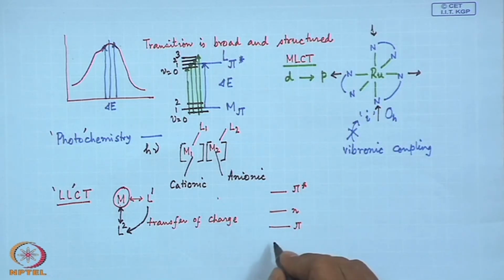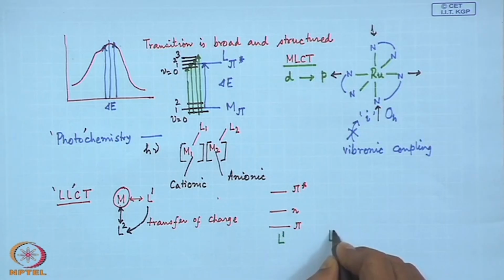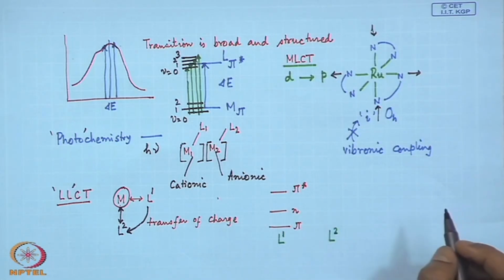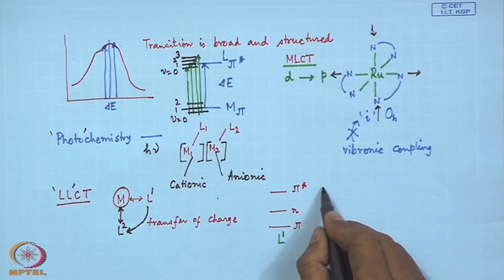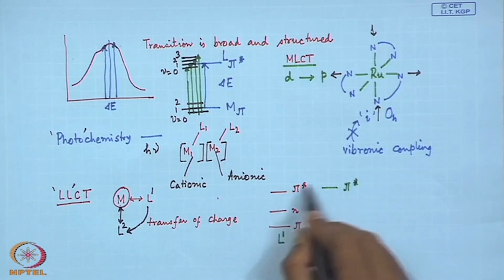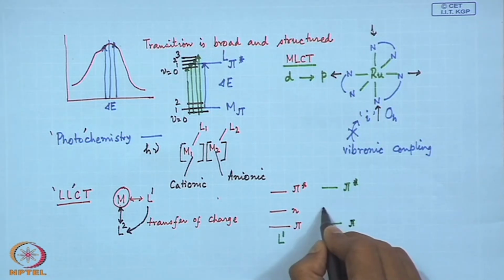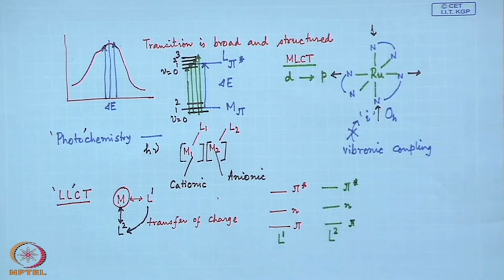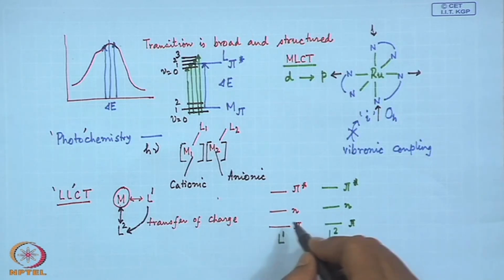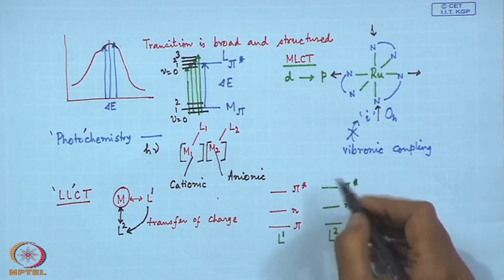Now the situation is, if this is for L1 and the other one is for L2, this particular pi star may not be of the same energy, and it has another pi and another n. So the L1 molecular orbital level, the ground state level, is the donor level, and the acceptor level will be on L2.